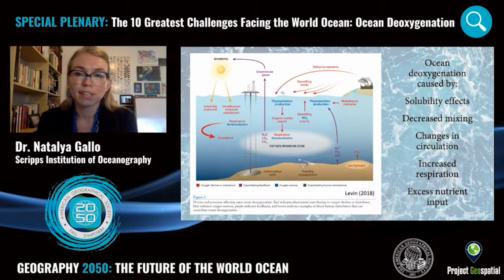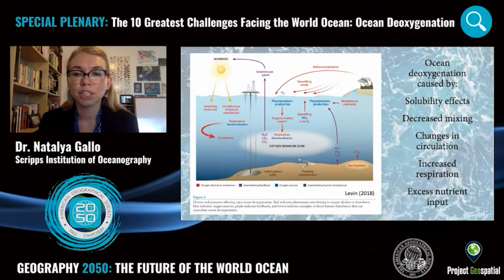Warmer water holds less oxygen, so as ocean temperatures warm around the world, the ocean loses its ability to hold as much oxygen. You can think of this kind of like outgassing of a hot soda. Oxygen also enters the ocean from the air through mixing at the surface of the ocean. As surface waters become warmer with climate change, they become more stratified, thus reducing how much oxygen is actually getting mixed into the water.